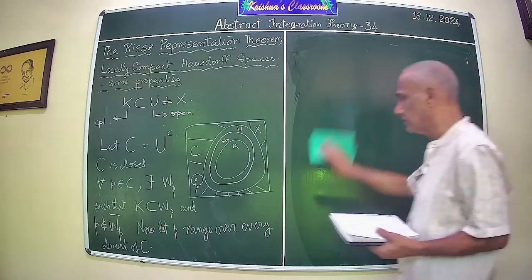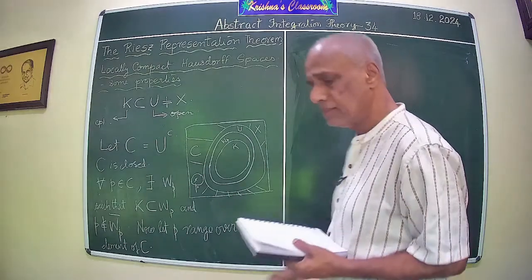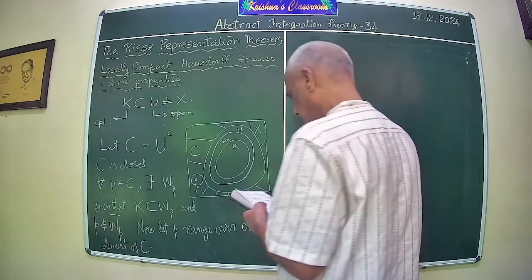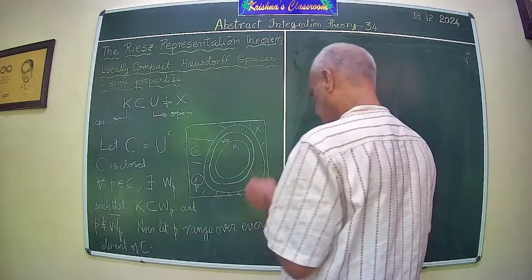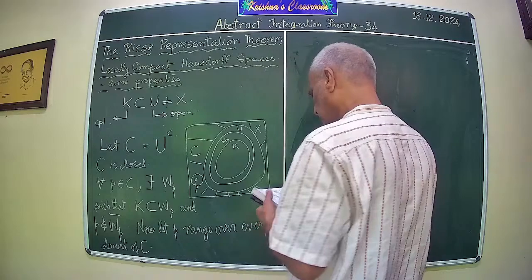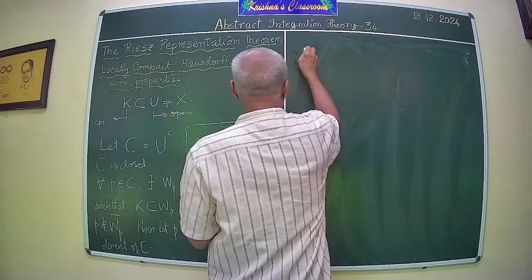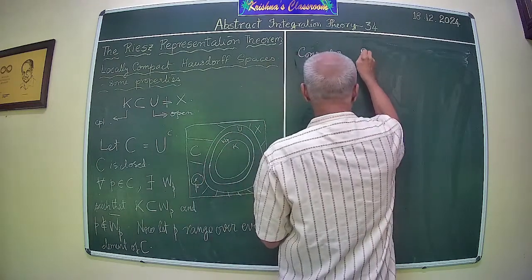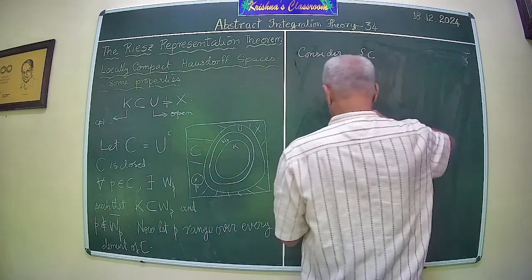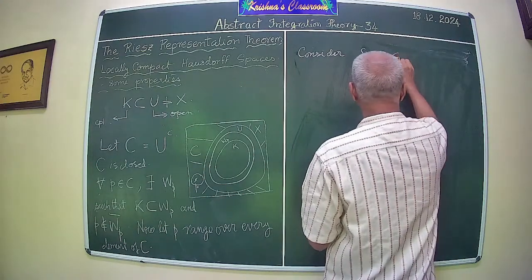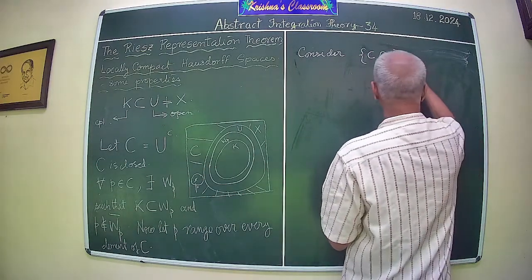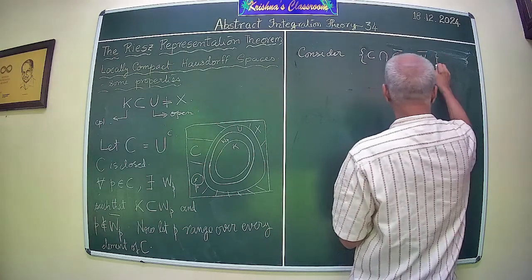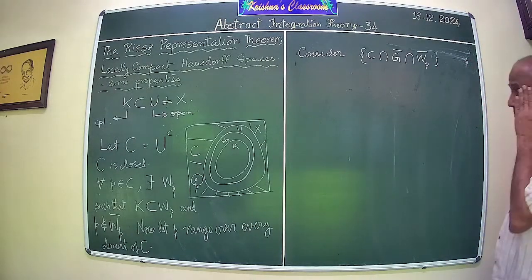You know that K is contained in every one of these W_p's. Okay. Now look at this set: C intersection G closure intersection W_p closure. Okay.